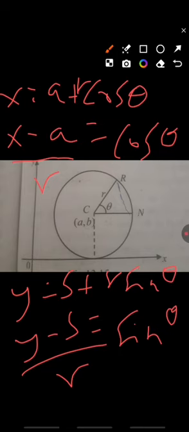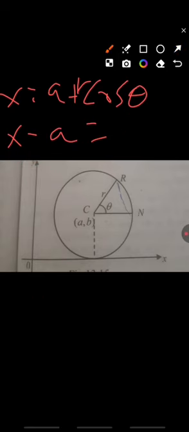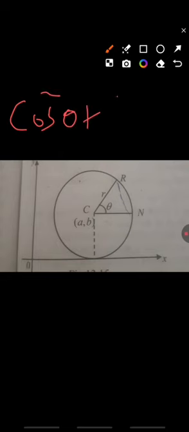We want to derive the equation of a circle from this. Now from here, what we can do is that we know from our trig identities that when you have cos squared theta plus sine squared theta, that's one of the trig ratio identities, it will be equal to 1.